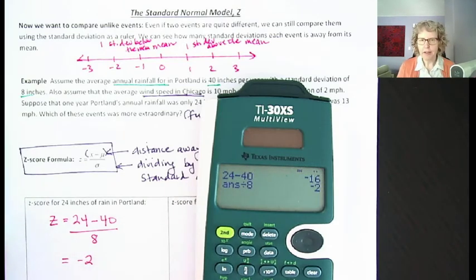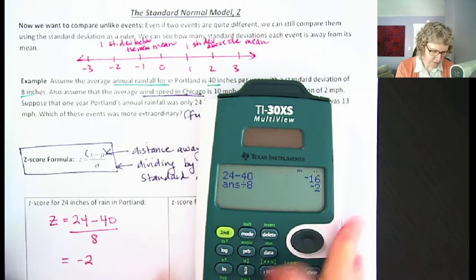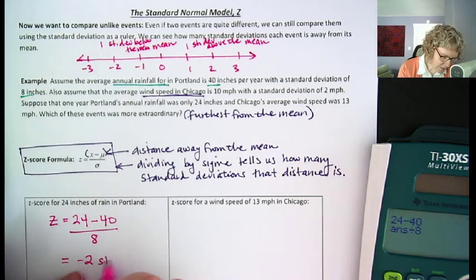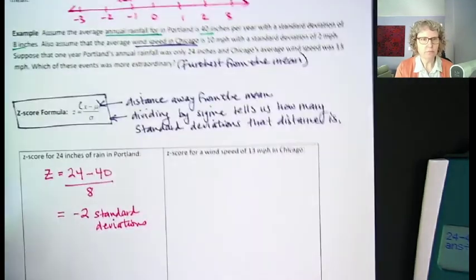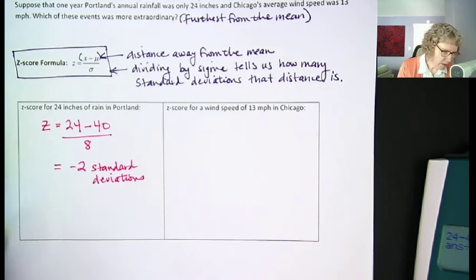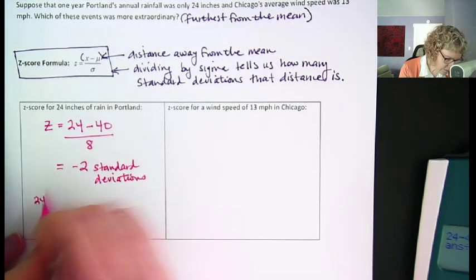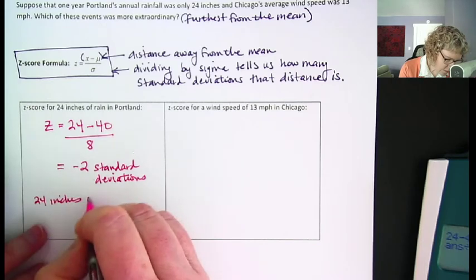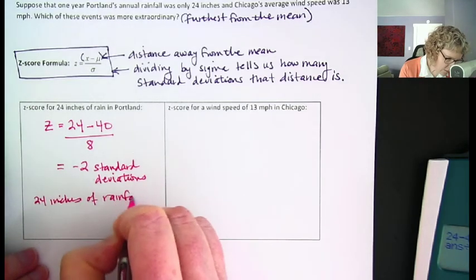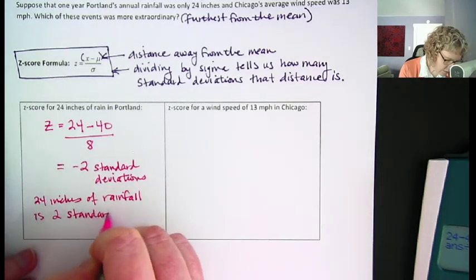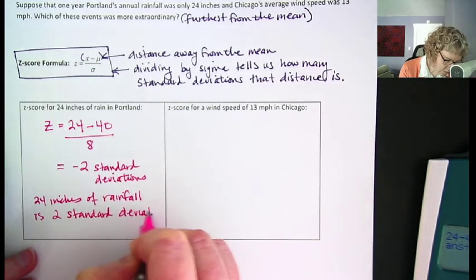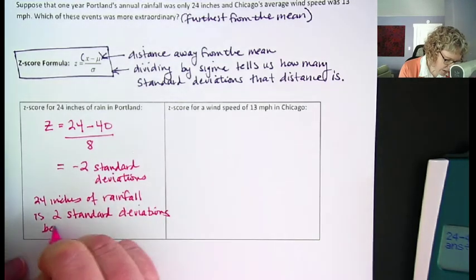Now the units on the z-score is standard deviations. So this is -2 standard deviations. Or I could say 24 inches of rainfall is 2 standard deviations below the mean.